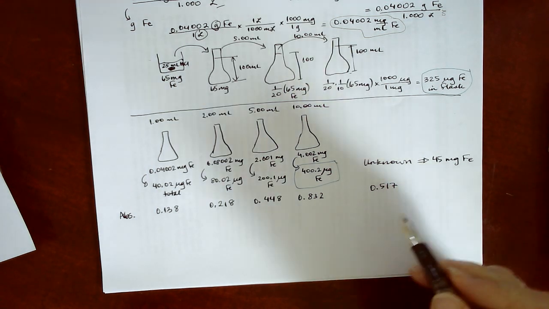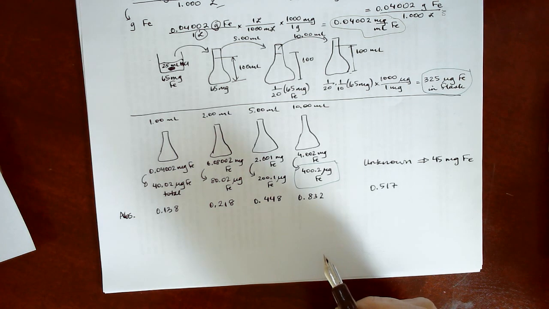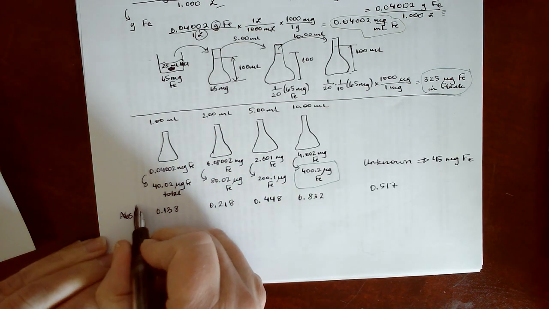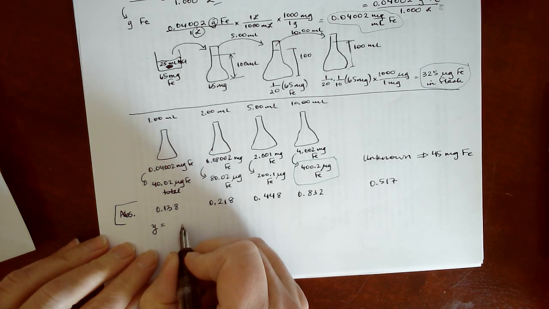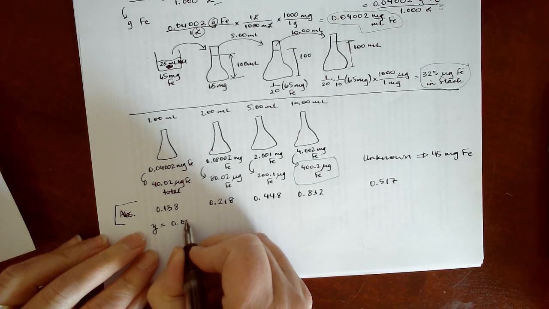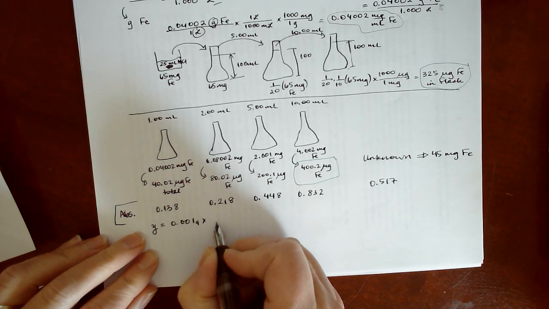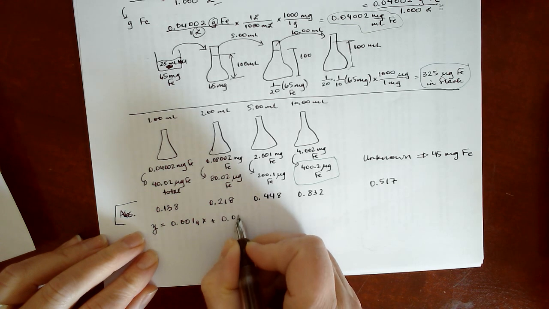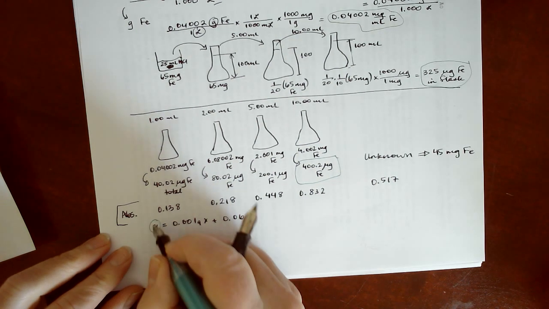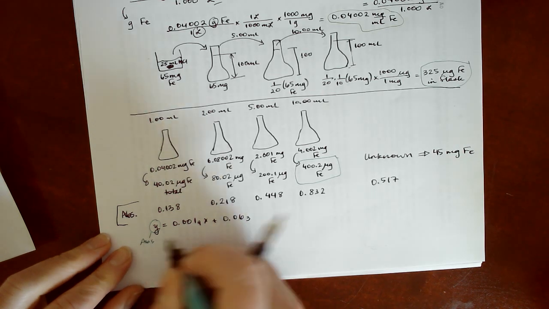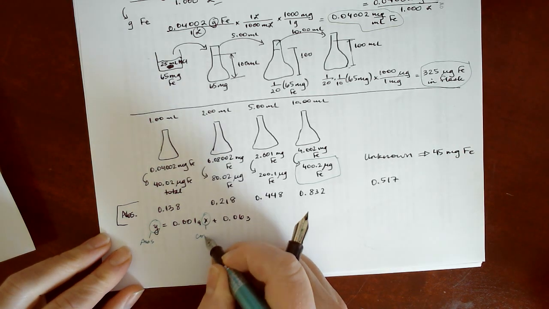All right, so now doing this calculation, you used your experimental data to get a graph. So this student had an equation like this. And so just as a reminder, y is the absorbance and x is the concentration.